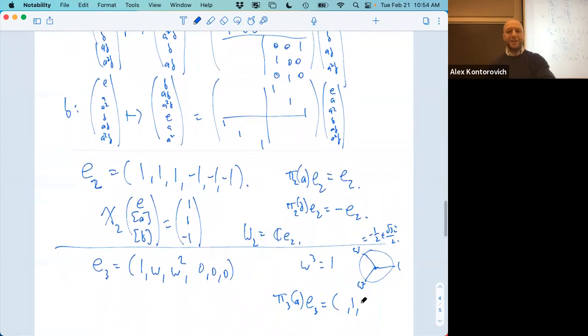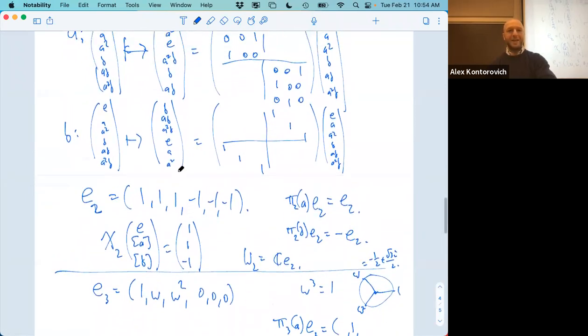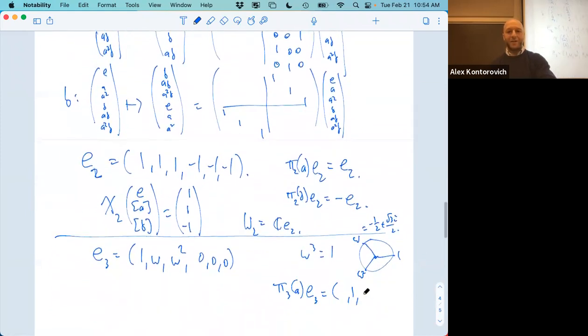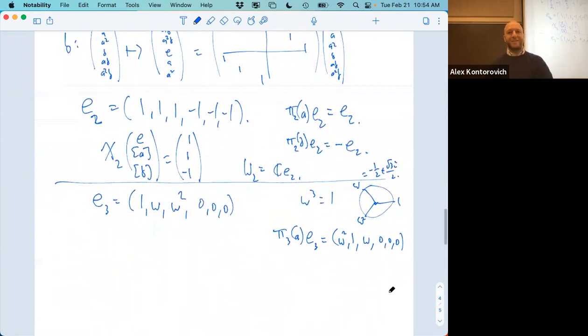I get 1 times A, omega times A squared, and omega squared times E, and nothing over here. But isn't that just omega squared times E3? Oh, beautiful. Maybe we will have a one-dimensional subspace.